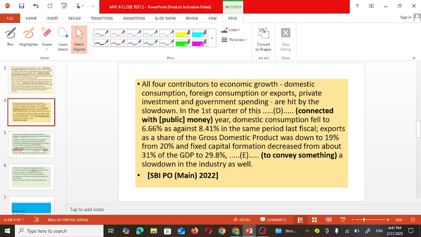In the first quarter of this fiscal year, domestic consumption fell to 6.66 as against 8.41% in the same period last fiscal. Export as a share of the domestic product was down to 19% from the 20%.